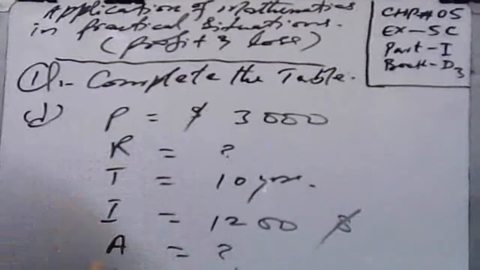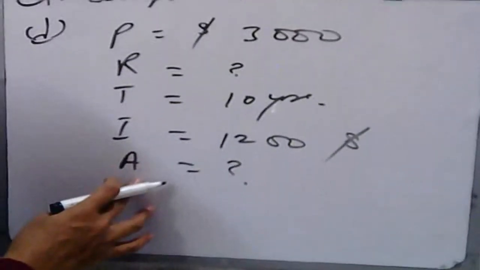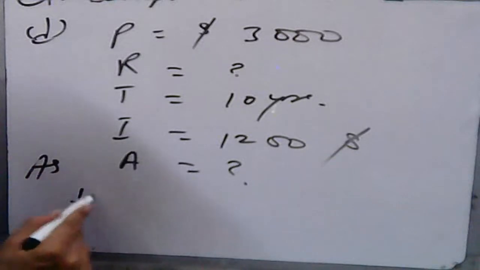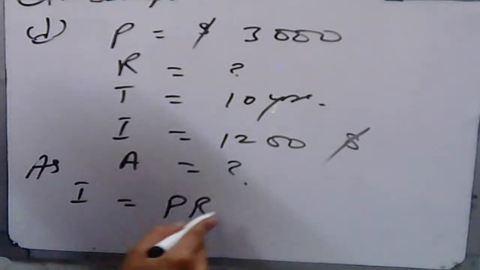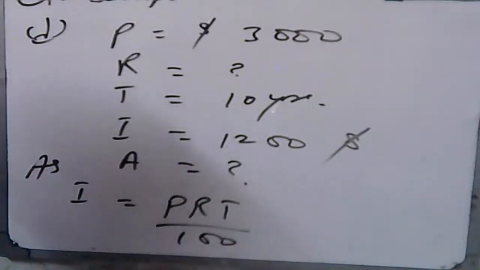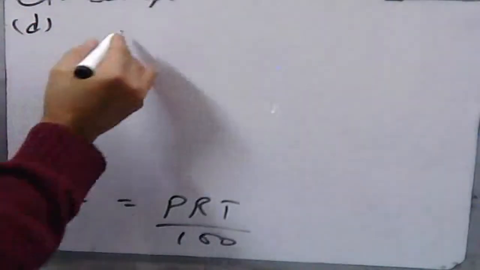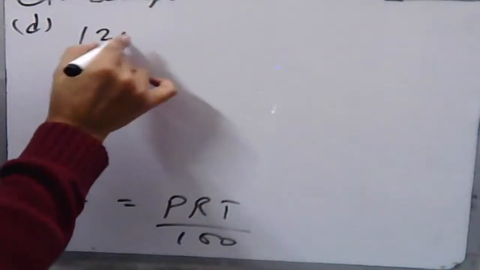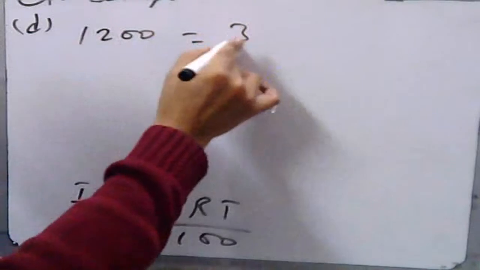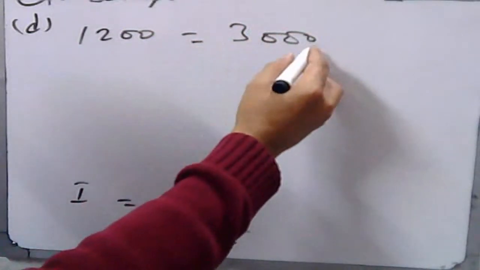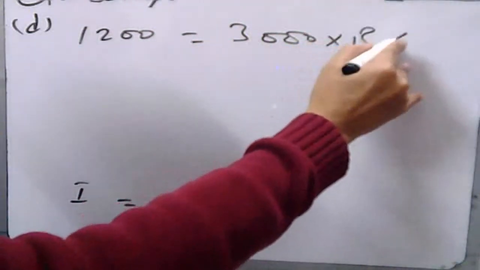So we have a formula: simple interest is equal to PRT divided by 100. Putting in the values, simple interest is 1200, 3000 is your principal amount, R we have to find, and T is 10 years, divided by 100.